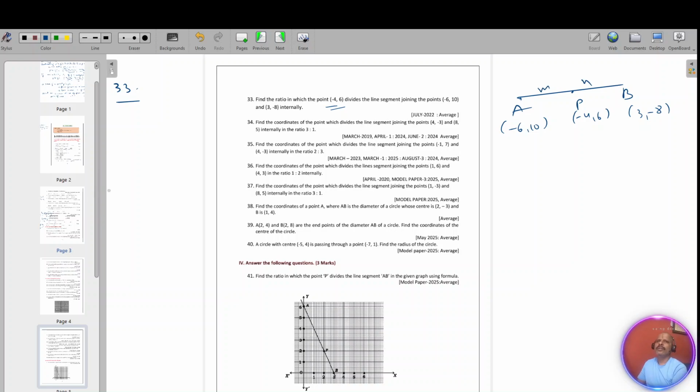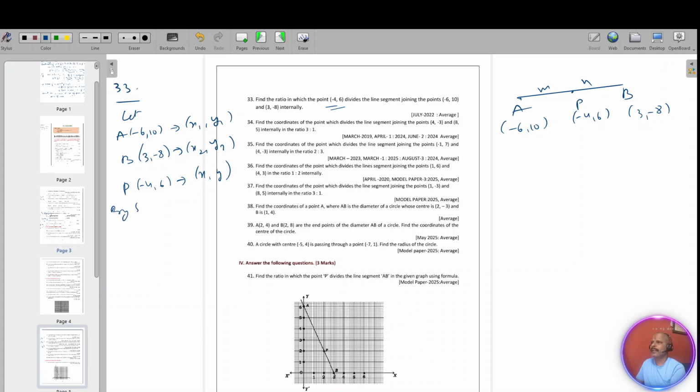So you know the formula. We'll write everything here as it is. Let A of minus 6 comma 10 be x1, y1, B of 3 comma minus 8 be x2, y2, and P of minus 4 comma 6 be x and y. Remember that, we want m:n.